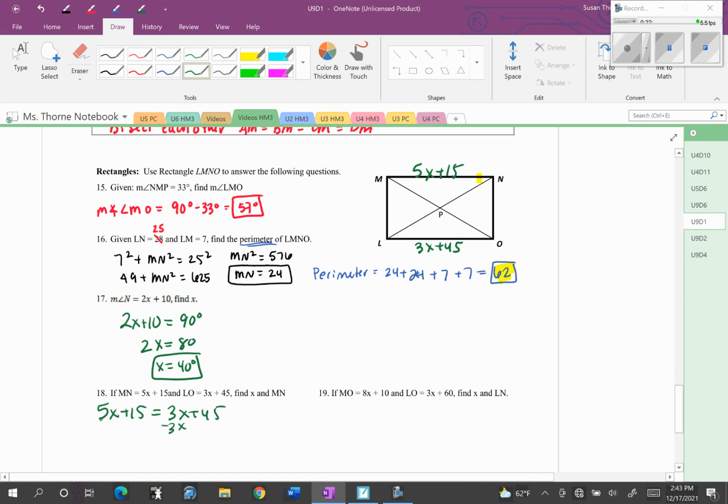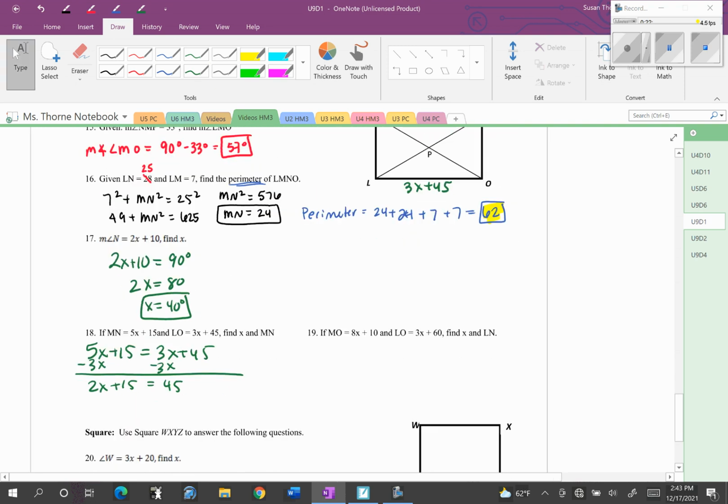So subtract 3x. 2x plus 15 equals 45. And then we're going to subtract the 15. So 2x equals 30. So divide by 2. And x is equal to 15.